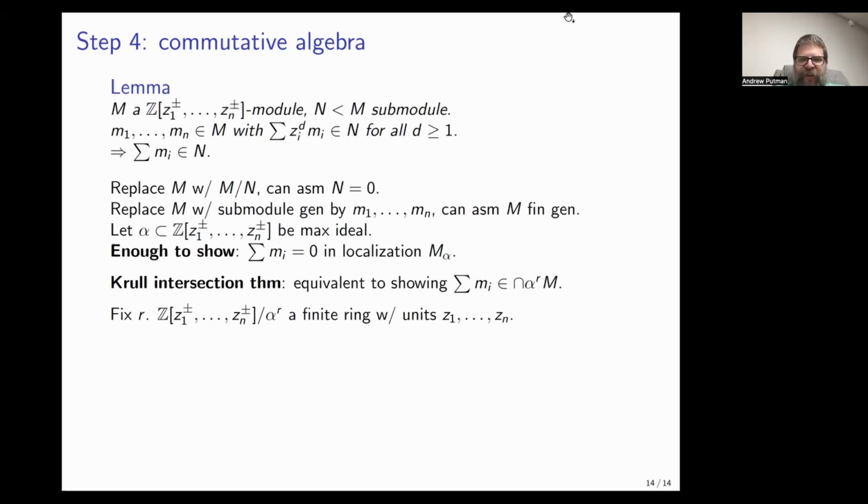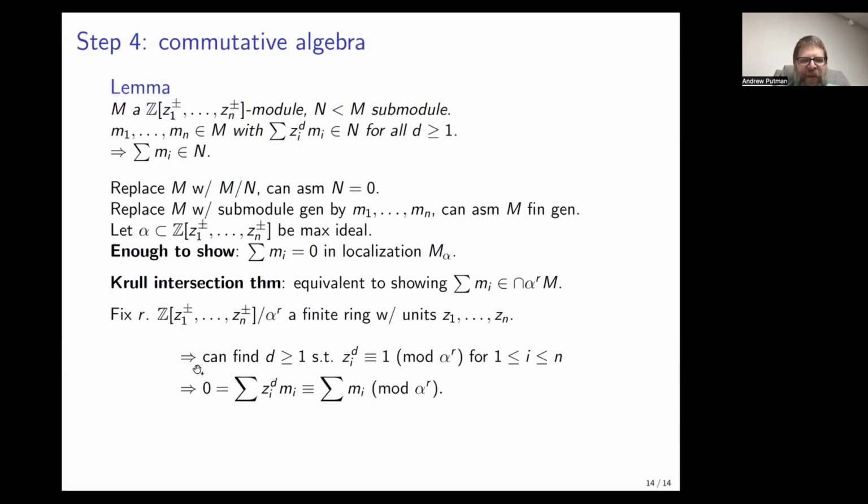Okay, so for a fixed r, if I mod out by alpha^r, I get a finite ring with these units. And because it's a finite ring, each of these units has finite order, right? So I can take, say, the GCD of the orders, and find some d at least 1 such that z_i^d is equal to 1 mod alpha^r for all i. So I can find some common exponent such that each of these units, you raise to the dth power, it becomes 1. That's great.